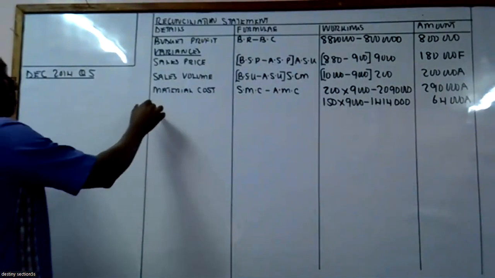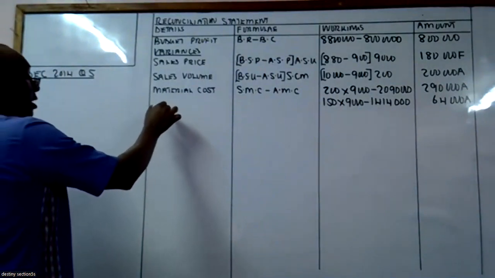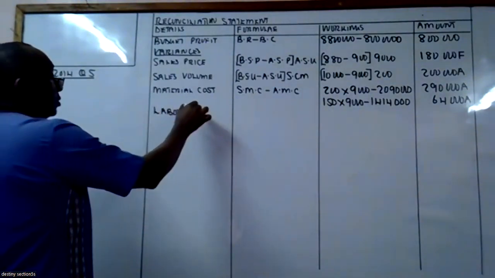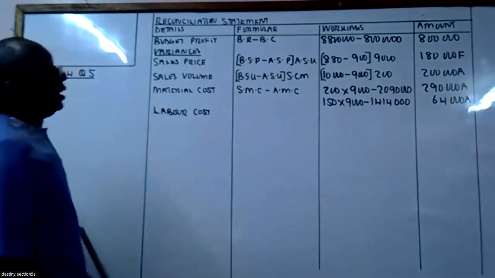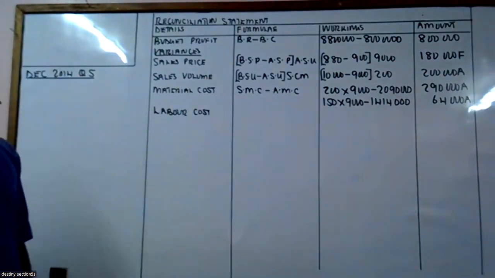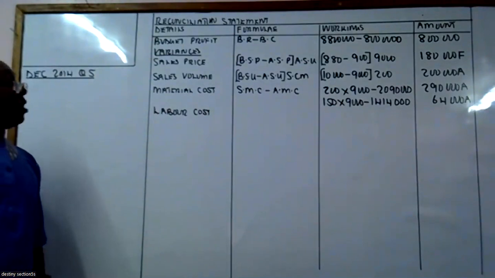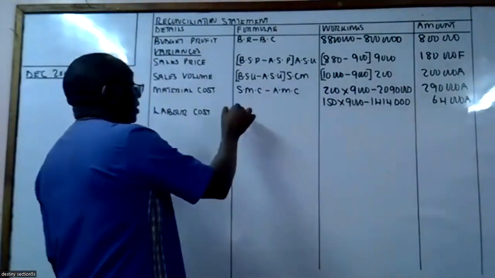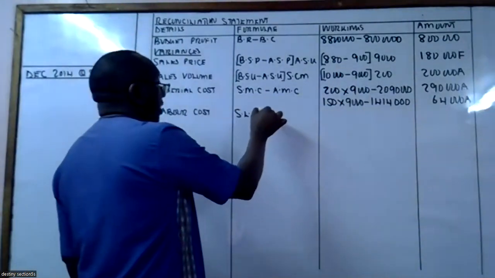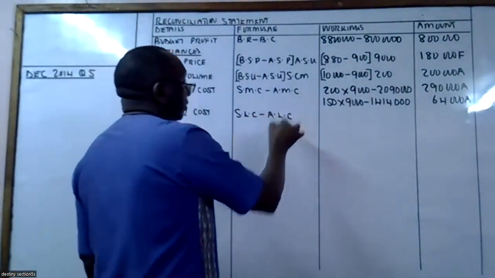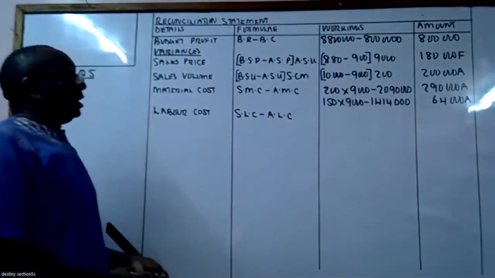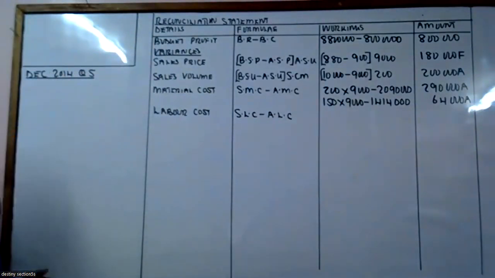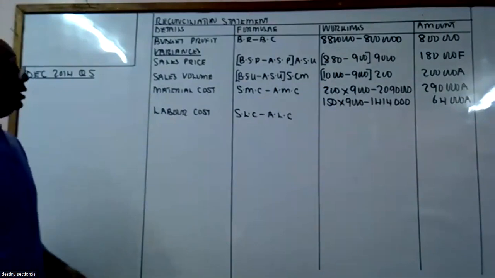Let's go to labor costs. So labor costs, the same argument, that it is the standard labor cost minus actual labor costs. Standard labor costs minus actual labor costs.